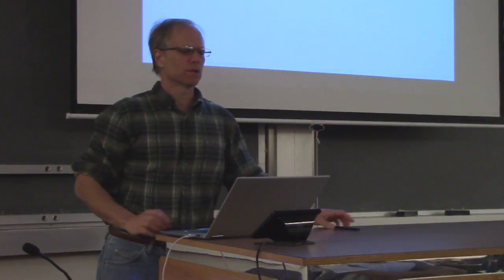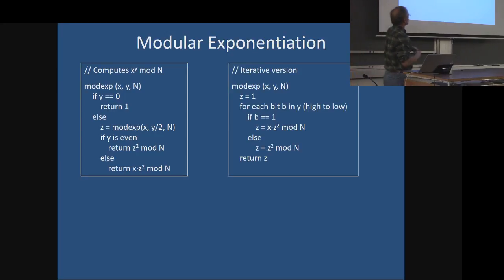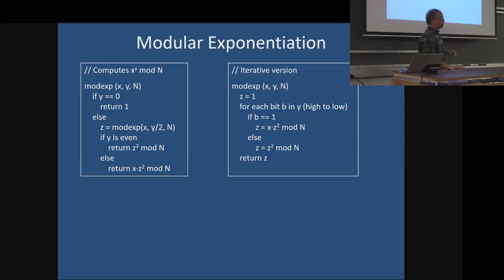All right, let's get started again. So that was our recursive modular exponentiation algorithm. Here is the iterative one. The way the iterative one works is it looks at the bits in the exponent from high to low. It starts with the high order bit of the exponent and goes to the low order bit.